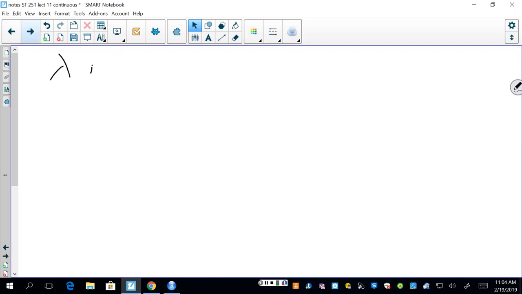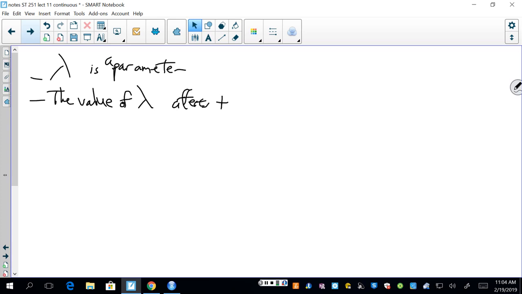So lambda is called a parameter. The value of lambda affects the probability distribution.